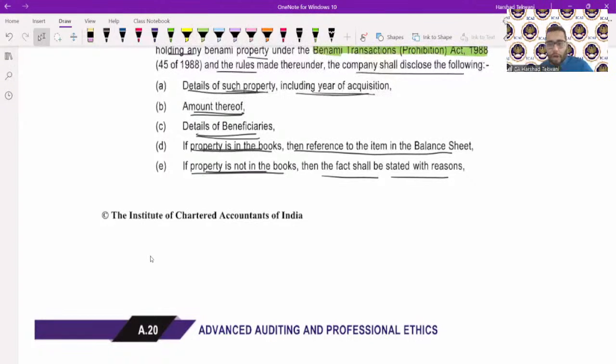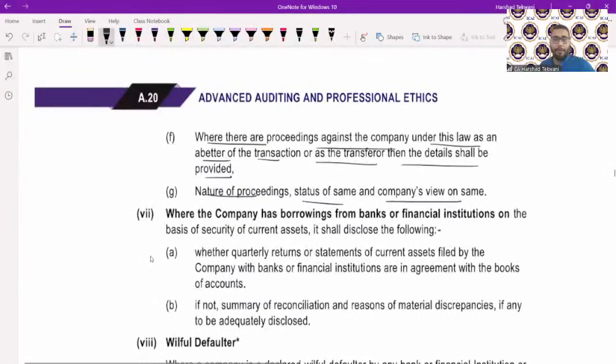If the property is not in the books, then the fact that the property is not in the books and the reason why it is not in the books. Where the proceedings are against the company under this law as an abettor of the transaction or as a transferor, then the details, the nature of proceedings, status of the same, at what stage the proceedings are, and company's view on the same.